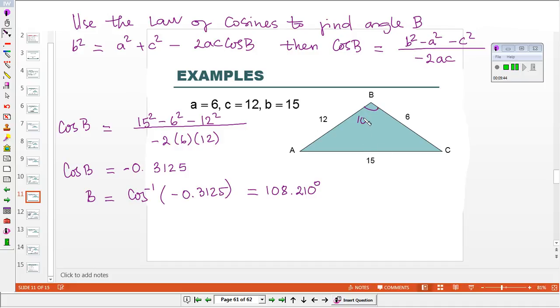So after we know one of the angles, then we can use the law of sines.